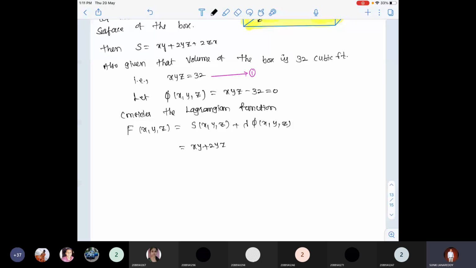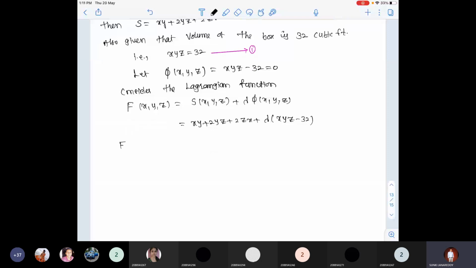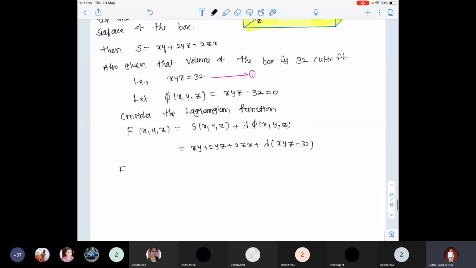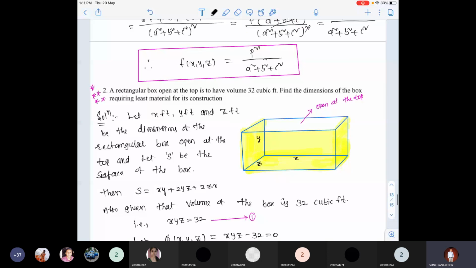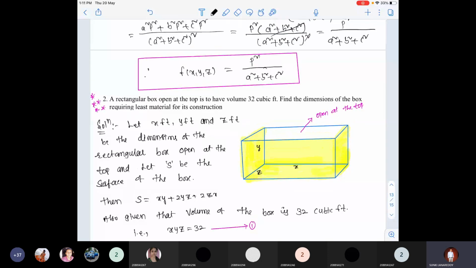I think you understood up to here. Now we should find the minimum. The required material is the least material. Least material means minimum, so we should find the minimum.